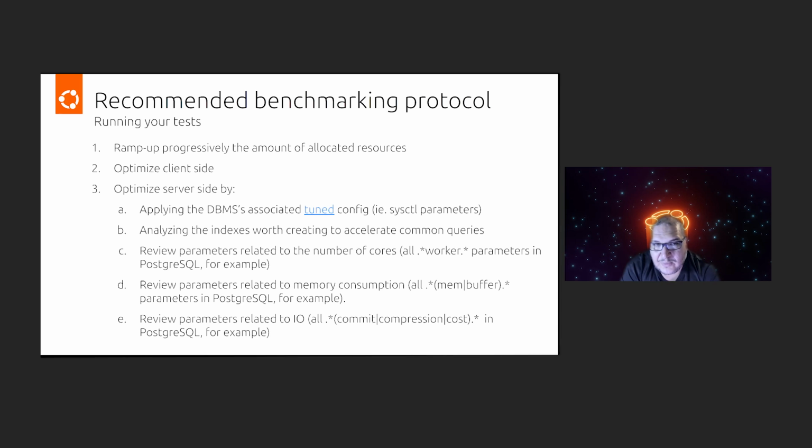Then I think you need to optimize the server side again by first applying the database management associated tuned config. Tuned is a utility that helps you to apply different profiles, and this can have an important impact on the performance. Then in my opinion, you need to start analyzing the indexes that are worth creating to accelerate your most common queries.